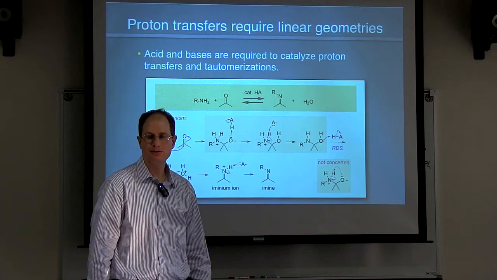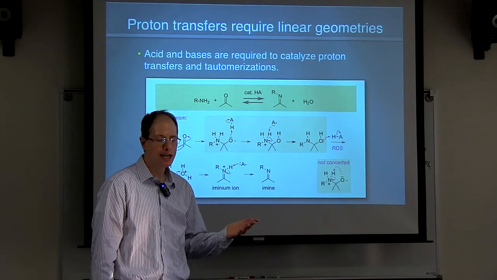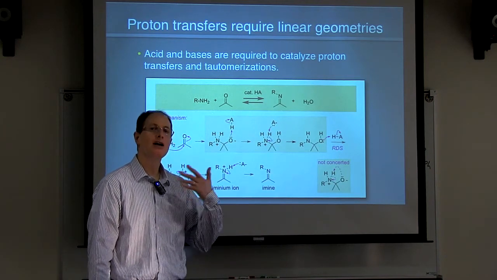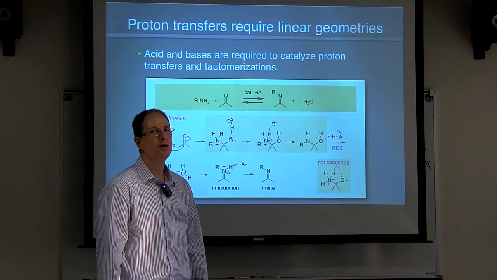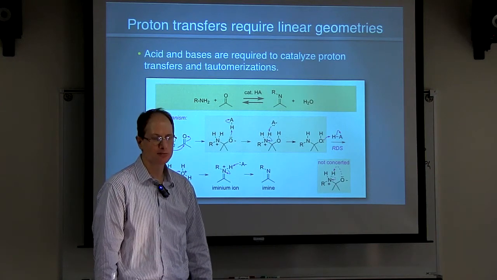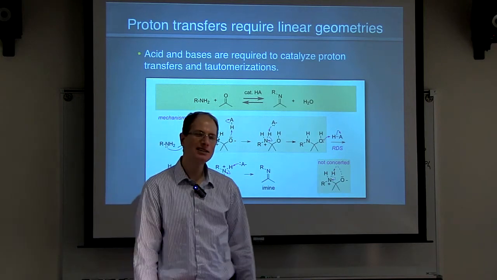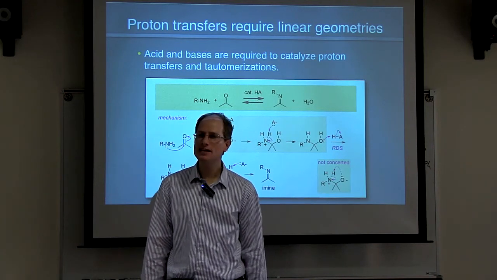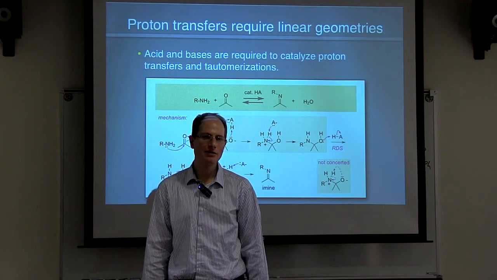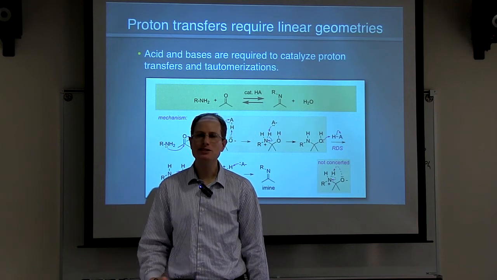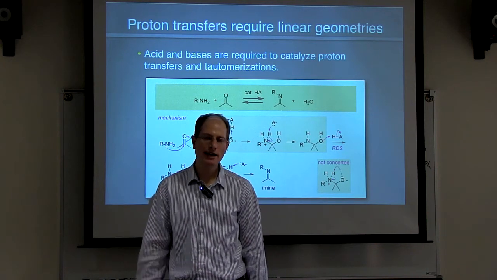In the same way that hydrogen bonds require linear geometry, proton transfers also require linear geometries. And I can tell you that almost immediately this is going to annoy you. This takes away one of the conventions that you mislearned back in sophomore organic chemistry.